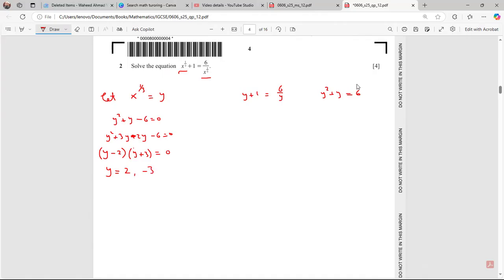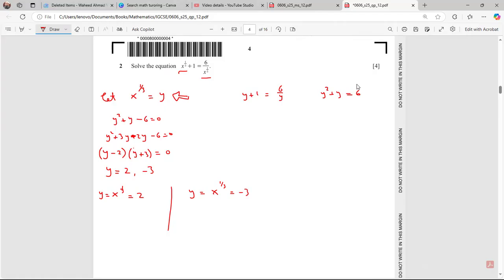Now I have two possibilities. Remember y was equal to this thing, right? So y equals x power 1 by 3, and this is equal to 2, or y equals x power 1 by 3, and this is equal to minus 3.